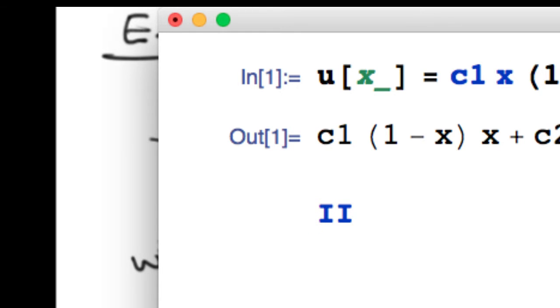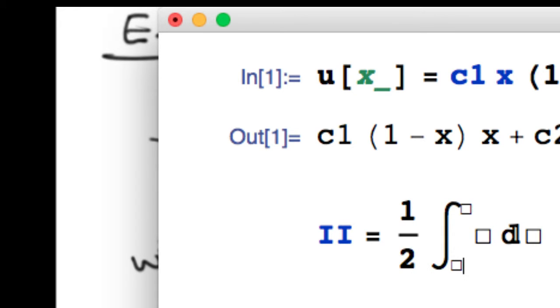Okay, so then my quadratic functional is 1/2 the integral from 0 to 1 of u prime of x, so that's the first derivative of u with respect to x, squared, minus u squared plus 2x squared u of x dx.